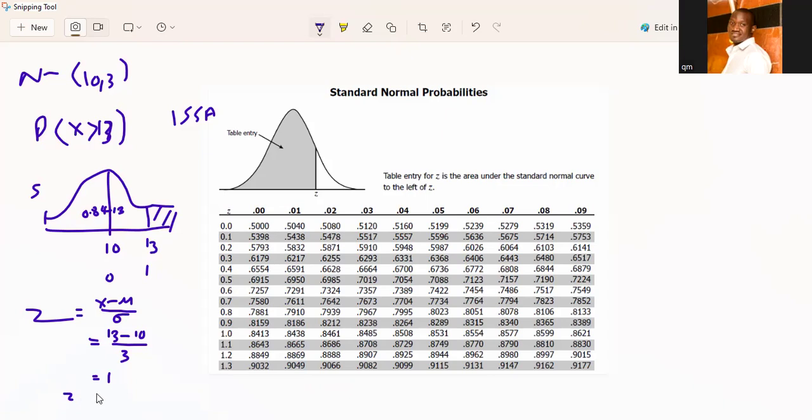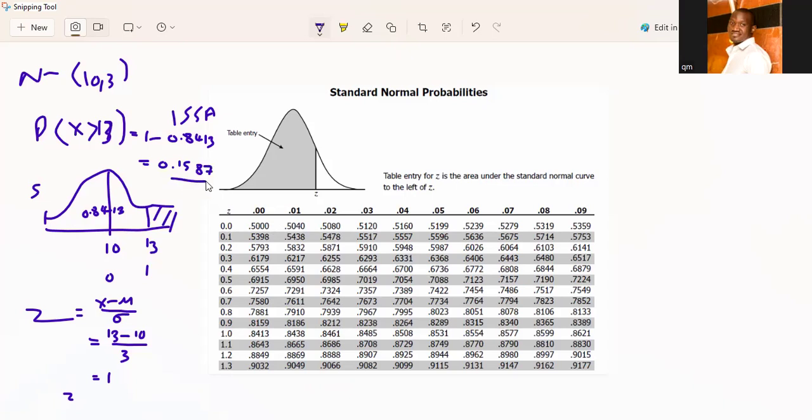So the probability will be 1 minus 0.8413. When you subtract that, we're going to get the remainder, the residue, 0.1587. So this is how we calculate that. Are we following? Are we together?